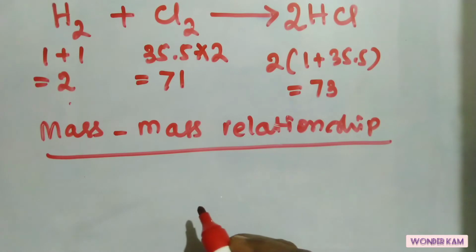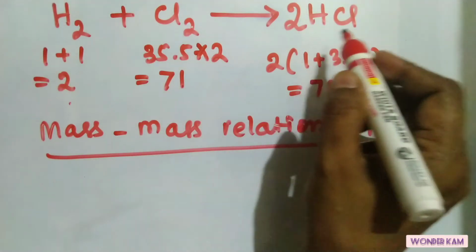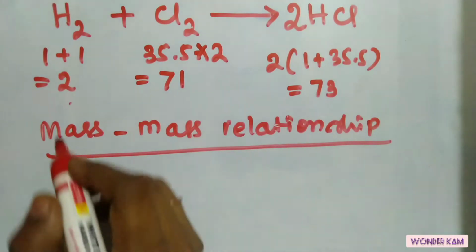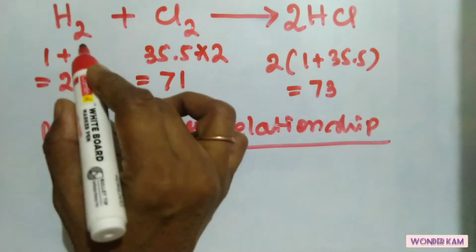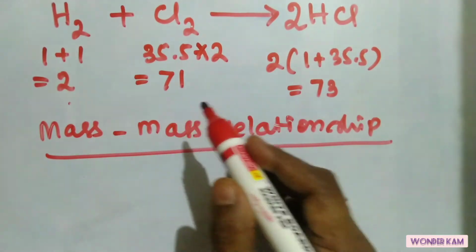Suppose we have to calculate the mass of hydrogen chloride formed when 6 grams of hydrogen is reacted with chlorine.